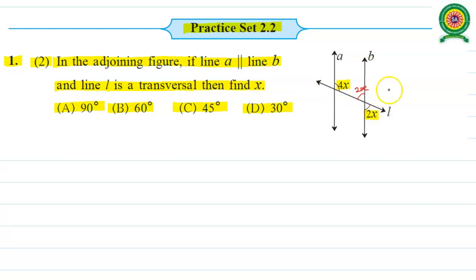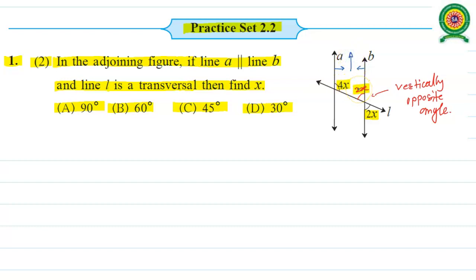Why? Because they are vertically opposite angles. Keep in mind, vertically opposite angles. Now we look at this 4x and this 2x. Those two are angles which are formed in between the parallel lines and towards one direction of the transversal.